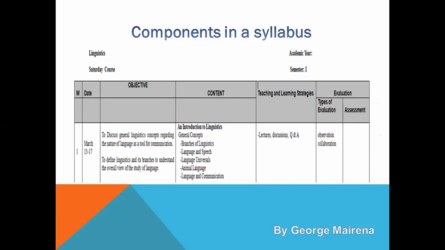Then we have the evaluation. On the evaluation chart, we have the types of evaluation and the assessment, okay? So the types of evaluation that you're gonna do, in this case, we have the observation, okay? But it can be a diagnostic test. It can be a listening quiz, and so on, okay?